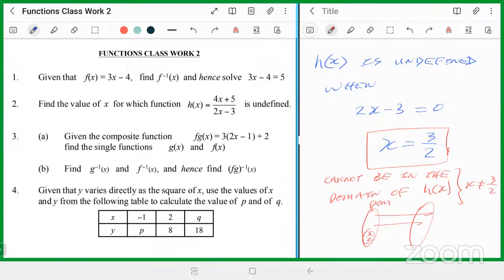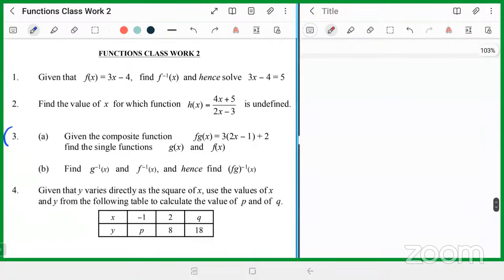More typically, they'll use the word undefined or not defined, but they don't have to use those words on a question. So I want you to understand that 3 over 2 cannot be in the domain. Everybody okay? All right, let's move on.